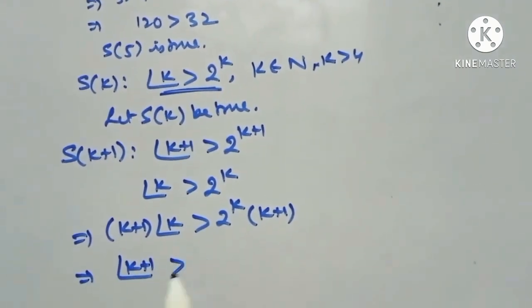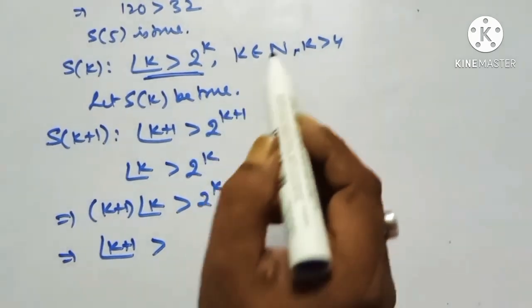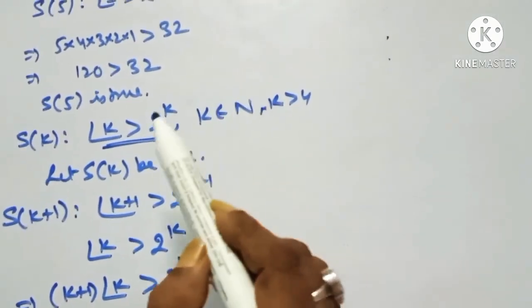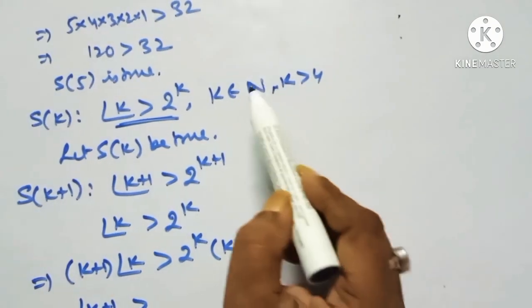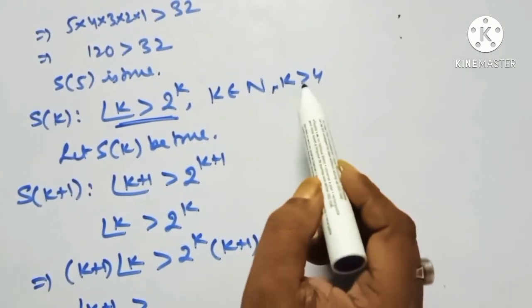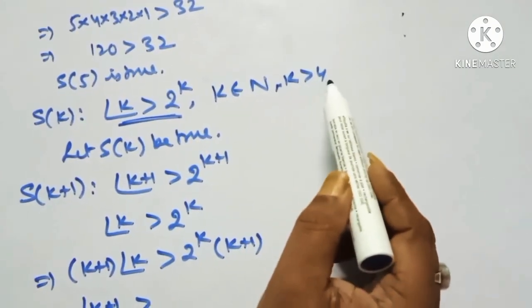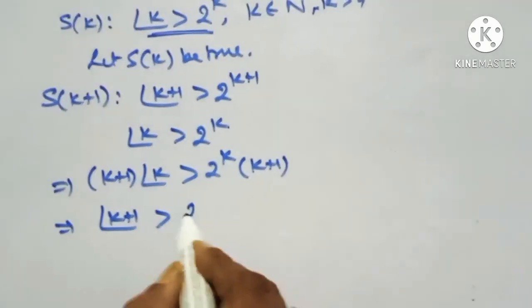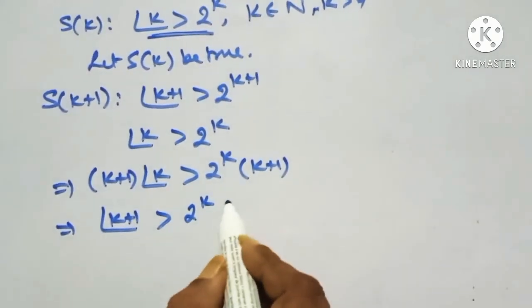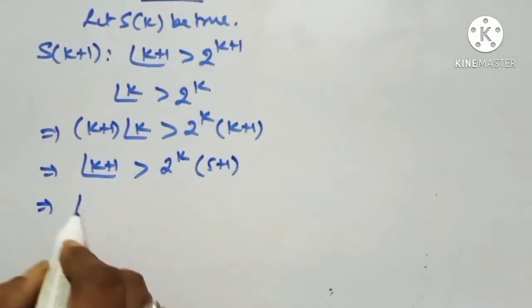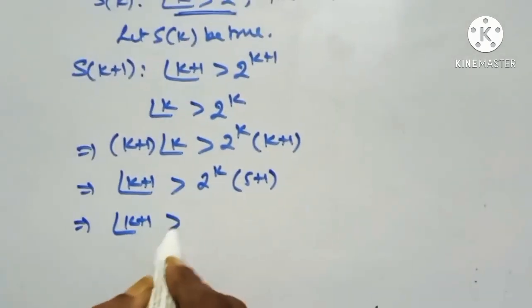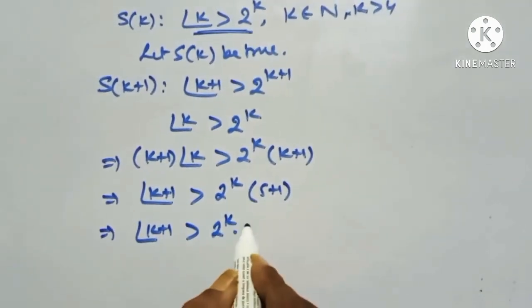This becomes factorial k plus 1 greater than... it is given that this statement is true only when k is greater than 4 and k is a natural number, and a natural number greater than 4 is 5. So I place the value of k as 5, that is 5 plus 1. So factorial k plus 1 is greater than 2 to the power of k into 6.